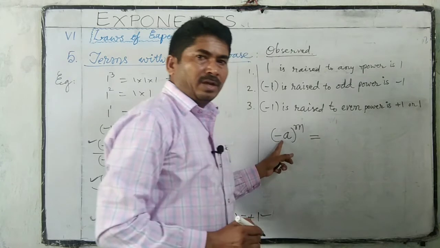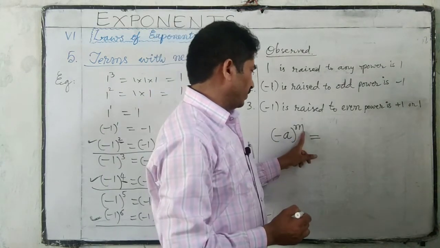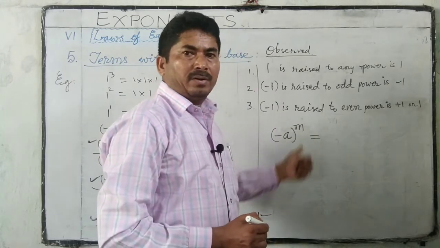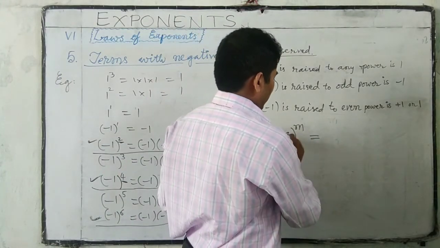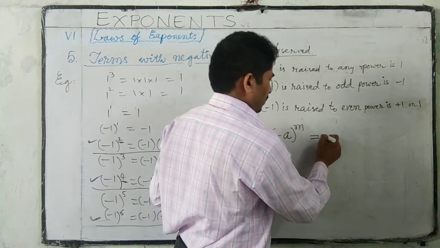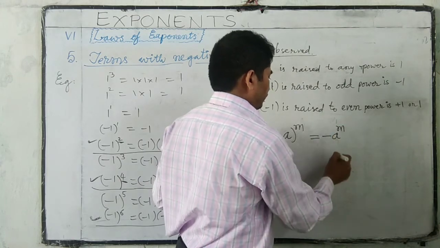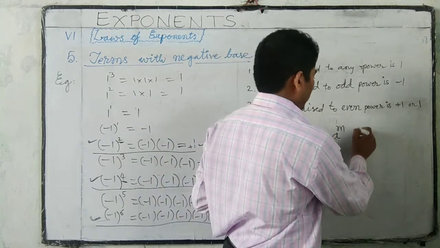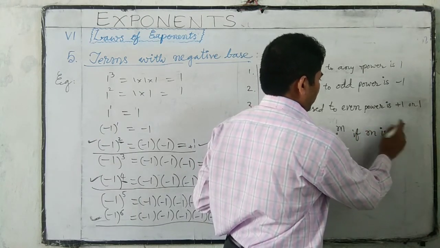Here a is any non-zero integer, m is any number. So then minus a whole to the power of m is equal to minus a to the power of m if m is odd.